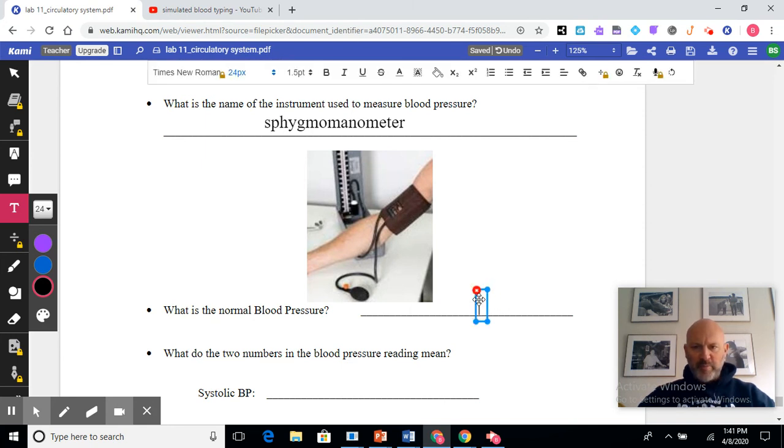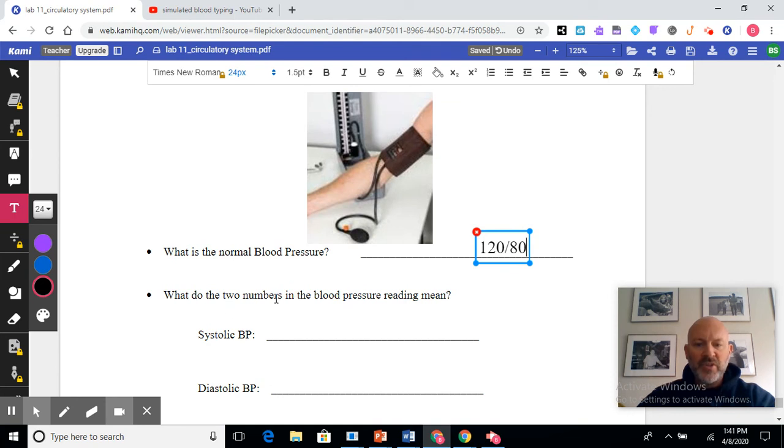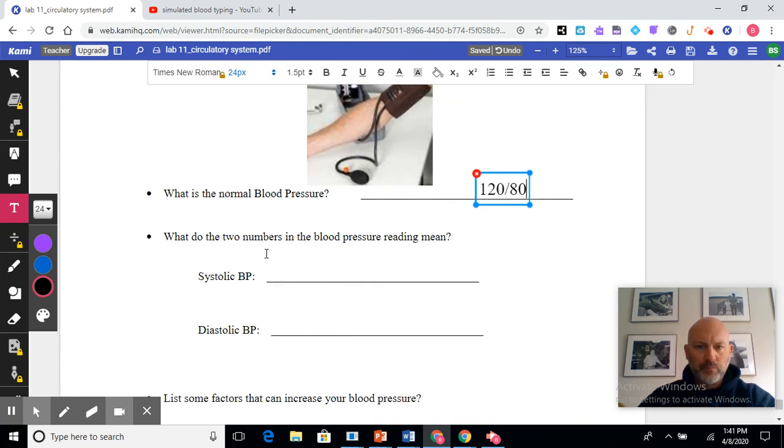What is normal blood pressure? Well, around 120 over 80, 110 over 70, something like that. What do the top numbers mean, and the bottom numbers mean? The top number is the systolic.